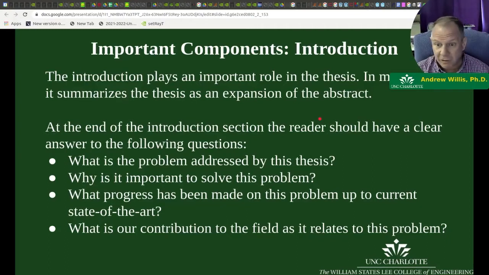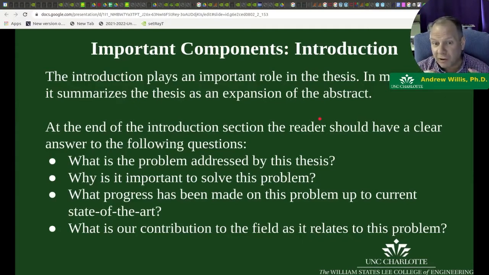The first bullet is some paragraph that says what has happened on this topic, what are the unanswered questions here, and why haven't they been answered? And then finally, what are you doing? What is in this thesis as it relates to the problem, and in what way does it advance the academic knowledge in this area?